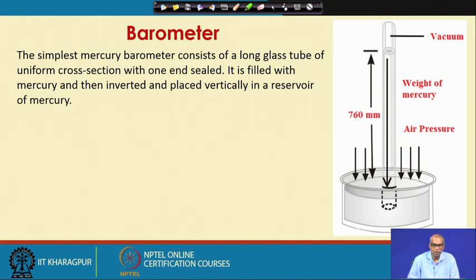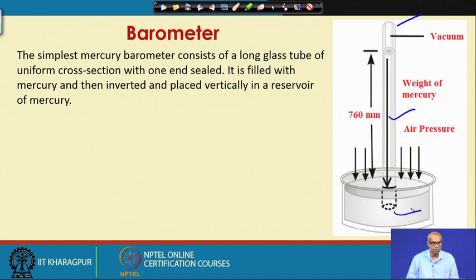The simplest mercury barometer consists of a long glass tube of uniform cross section with one end sealed. The other end is open.